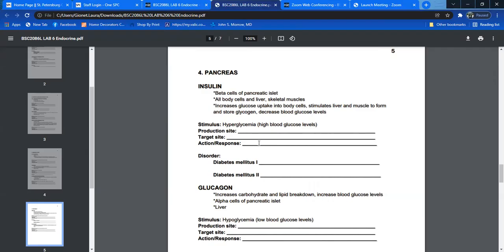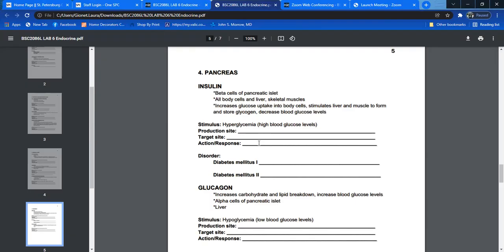So we signal all body cells to start taking up glucose. And when that is completed, then whatever is in excess is going to be repackaged from the monomers of glucose to the polysaccharide glycogen and stored in the liver and in skeletal muscles to be used later. Right?